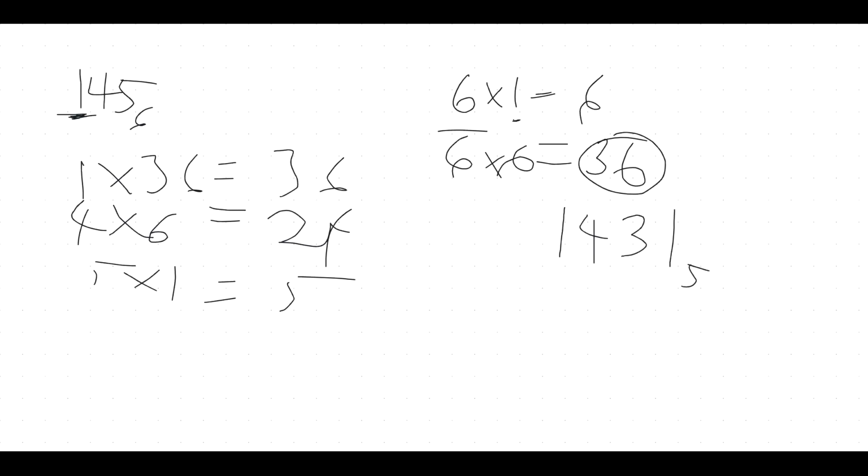So if I have 1, 4, 3, 1, base 5, the 1 here is in what? Singles, right? Then the 3 here is in what? What's the base? It's 5, base 5. So it's in 5s. This 1 here is 1 single. The 3 is 3 5s, right?